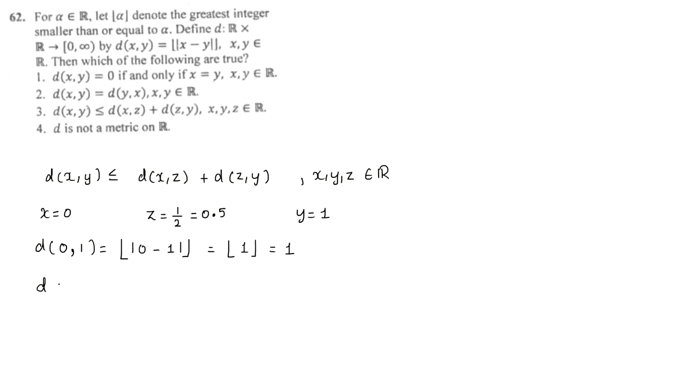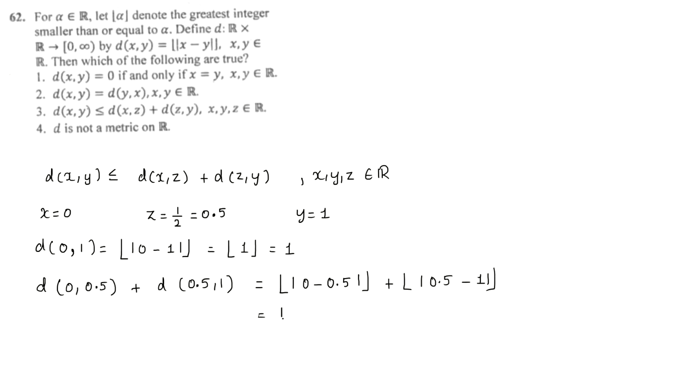Now let us calculate d of 0 comma 0.5 plus d of 0.5 comma 1. This is equal to the greatest integer smaller than or equal to mod 0 minus 0.5 plus the greatest integer smaller than or equal to mod 0.5 minus 1.